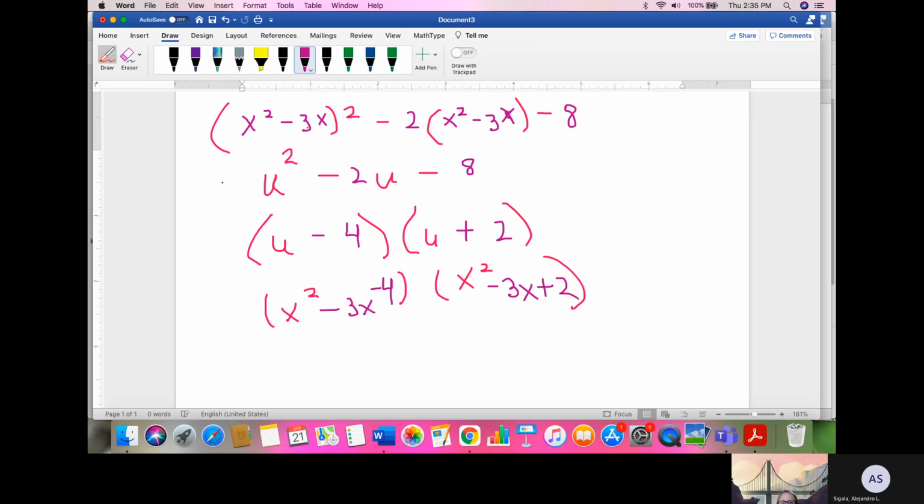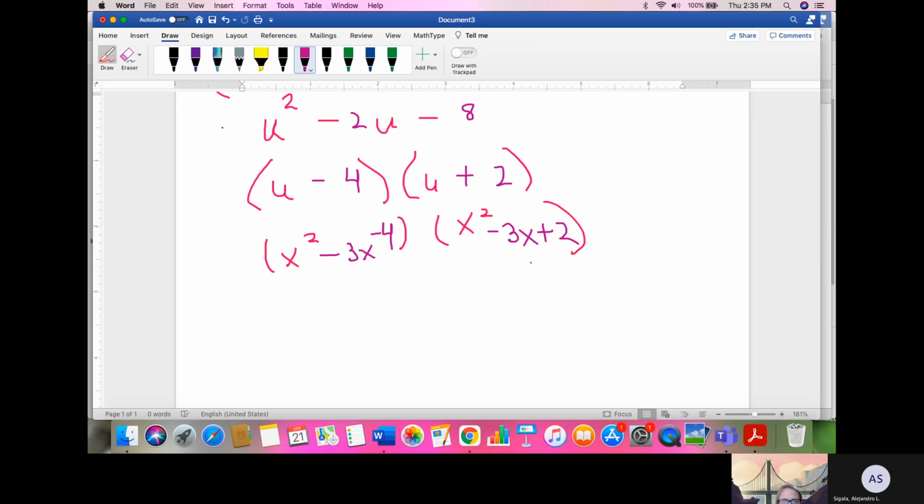Okay. So these might continue to factor, but they're trinomials. So we're looking for two numbers that multiply to give us -4 and add to give us -3. So that would be 1 and 4. Okay, so it would be -4 times +1. Okay. -3.